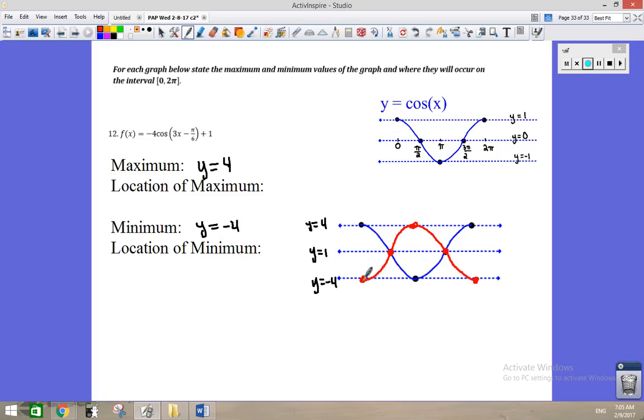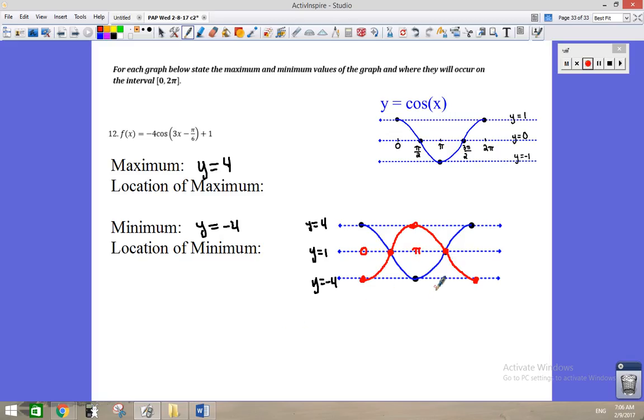Okay, so here with this first at 0 is going to turn out to be a location of a min, and over here at pi is going to turn out to be a location of a max. So I've got 0 here, and I've got pi right here.